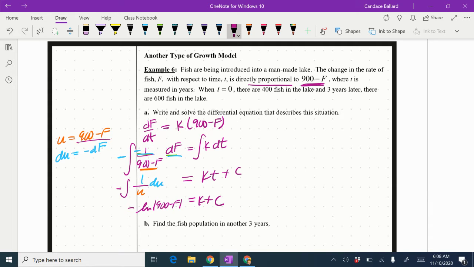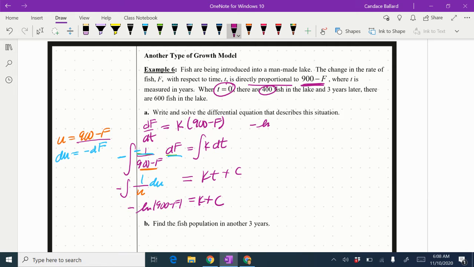All right, now I need to find my initial condition because I need to solve for c and I need to solve for k. So I know that when t equals 0, there's 400 fish in the lake. So I'm going to start with that.